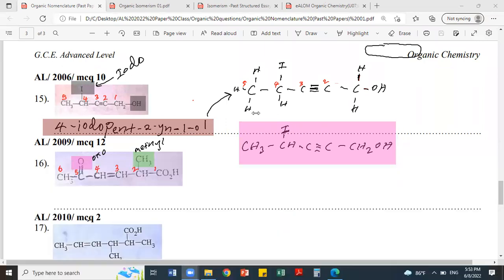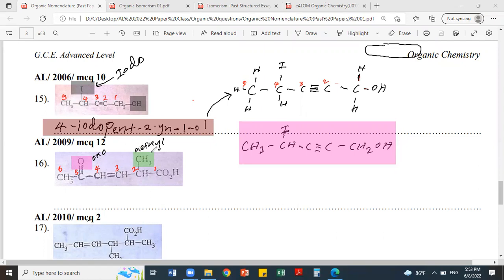Okay. Then I'll write the name. How to write the name? First you have to write all the substituent groups at the beginning of the name. Now tell me, the next problem is this. When you're going to write the name, what should come first?